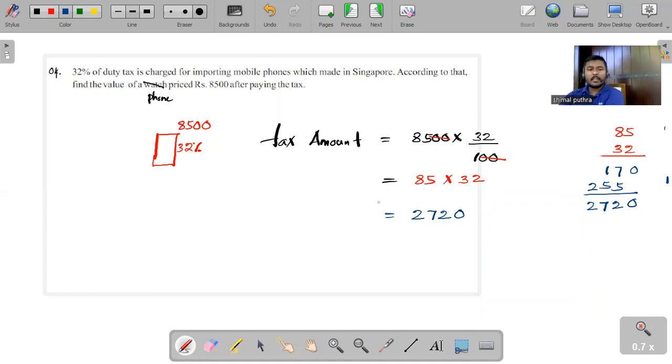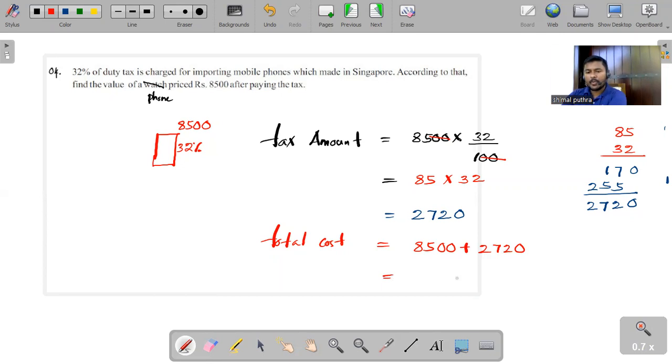Then we can find the final valuation or total cost of the phone. I already paid 8,500 for Singapore, and I paid 2,720 for the customs.